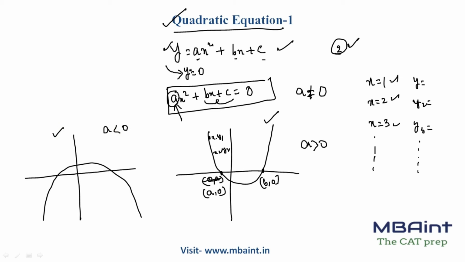Now coming back to our question, why we put y is equal to 0. Now you need to see that whenever this graph cuts the x-axis, this is nothing but the solution of the equation. So these two are the roots बोल सकते हो, or you can also call this a solution, okay. So when you put the value of the root a and b back into this equation, this LHS will be equal to RHS.